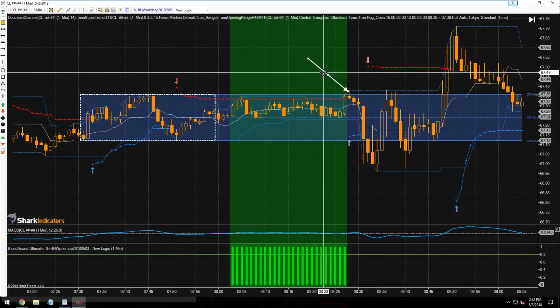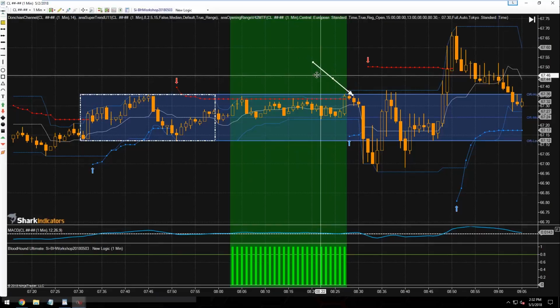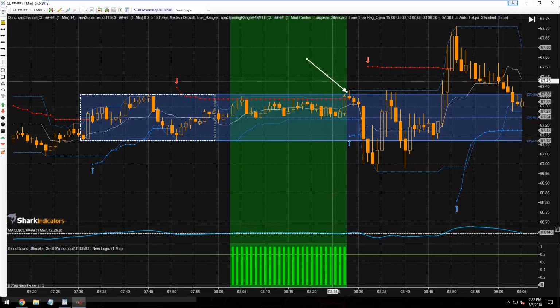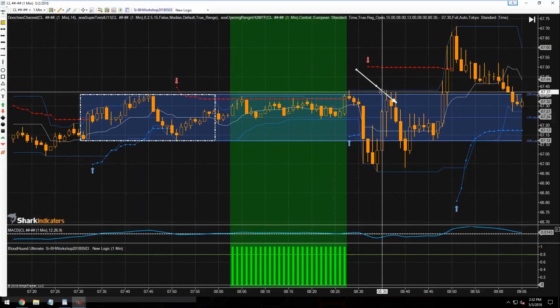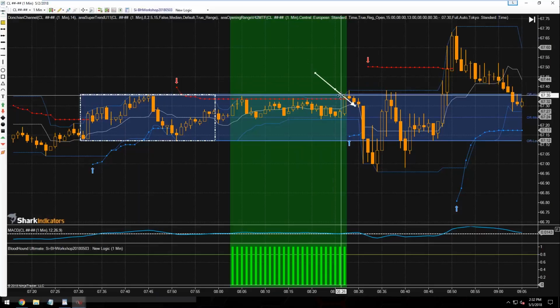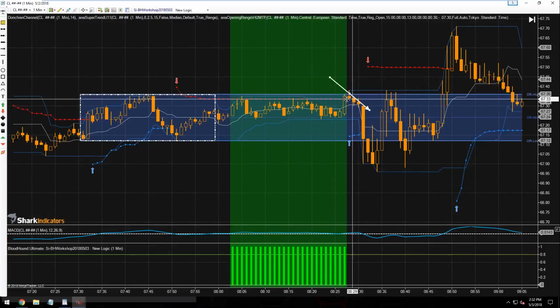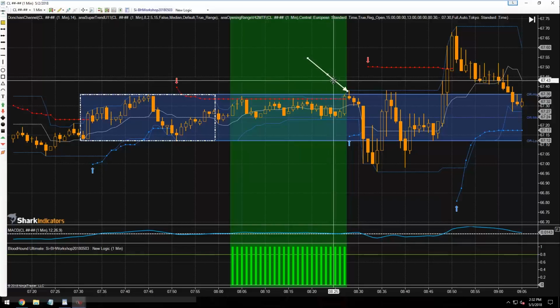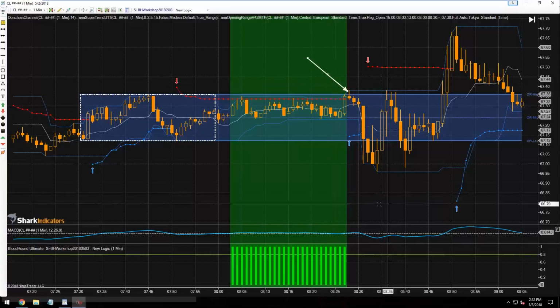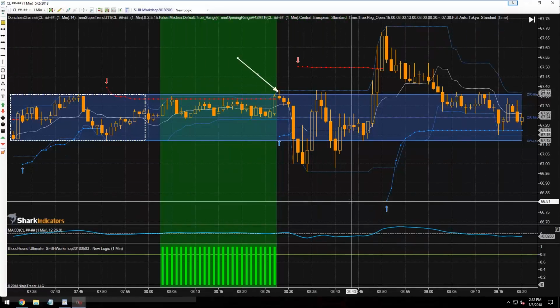And then we can see no more signals, so no more entry orders will be placed. That's exactly what we want to see here.